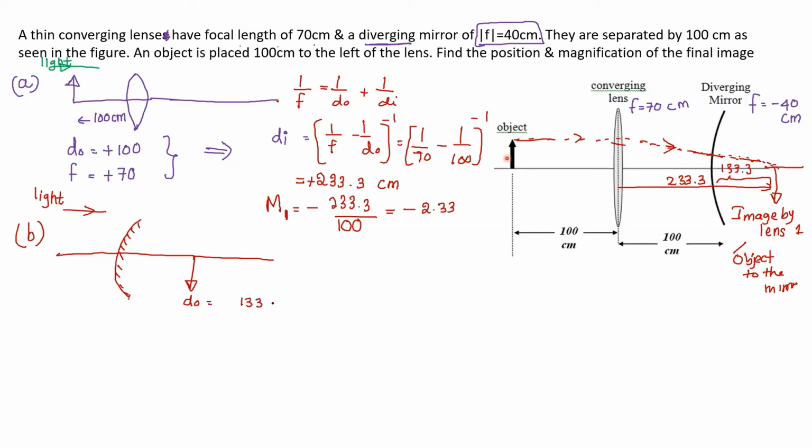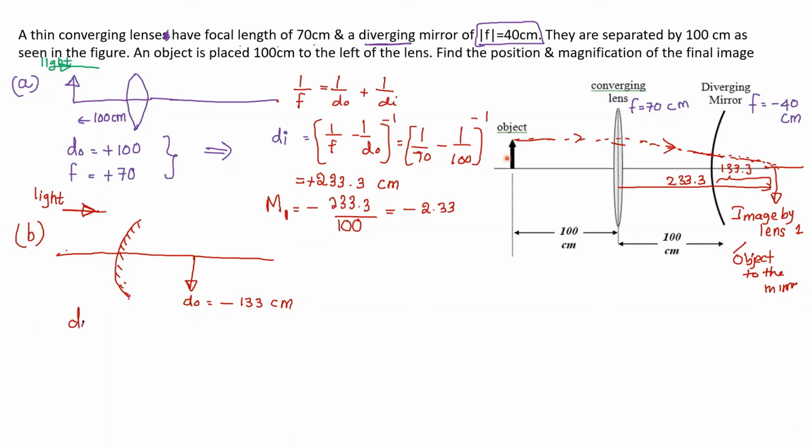I want you to tell me whether it's positive or negative. What should it be? Negative, right? It is negative because we know object distance, whether it's a mirror or a lens, if it's opposite to the direction of light, or in other words, behind the surface that we are interested in, it is a negative value.